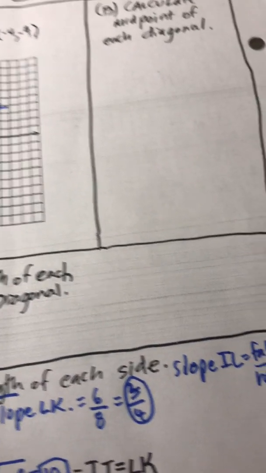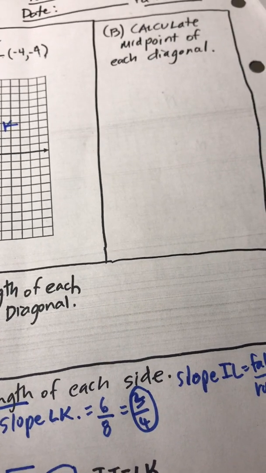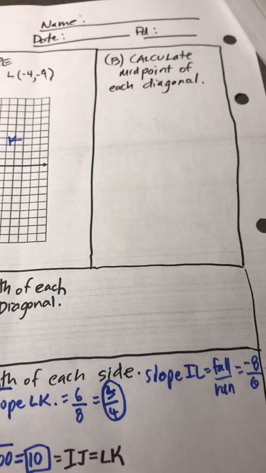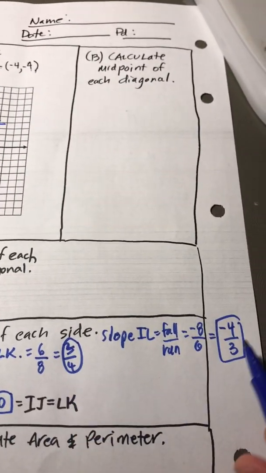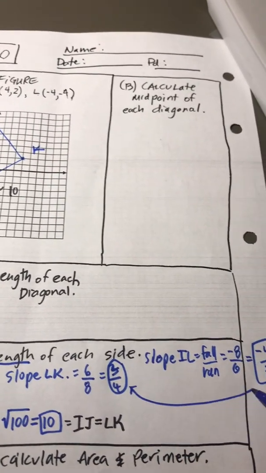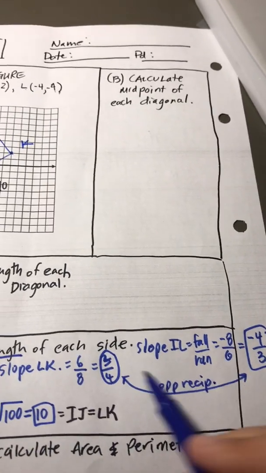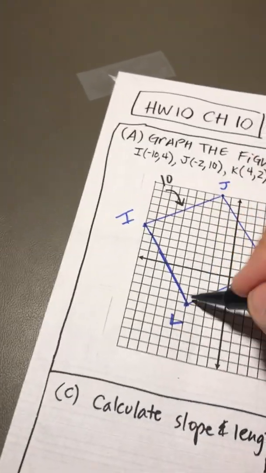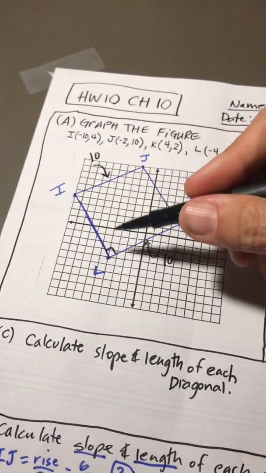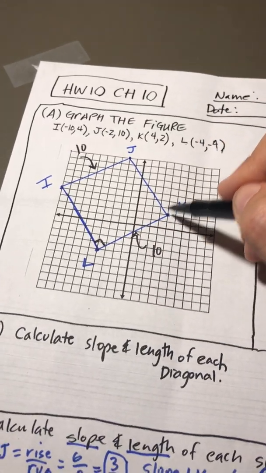So I fell 8, I ran 6, and I like the looks of this because this is looking like the opposite reciprocal. So what I've just confirmed right now, since that is the opposite reciprocal, is that that is perpendicular. So what I can do now is actually make a box right there. I've confirmed that the slope of this line is the opposite reciprocal of that line.